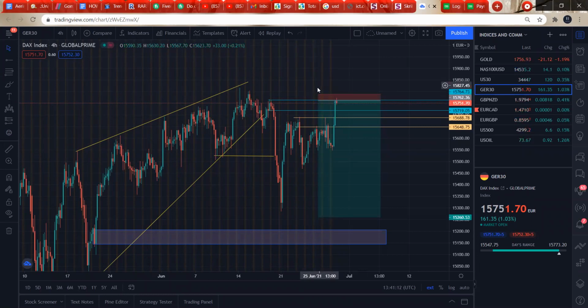Yeah, the stop loss you enter now is 15792. I'm also entering this one again because I already have another one which is running here.